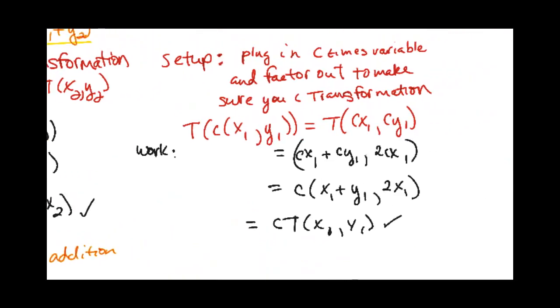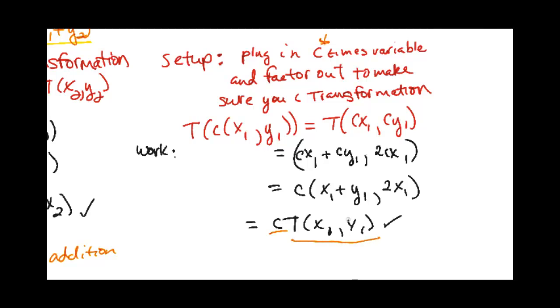And then here we have the scalar multiplication. So let C be some scalar, all scalar values actually. And if we plug in a C times the variable everywhere, can we get it to be C times the individual transformation? So here we have C times a variable plugged in. If you factor out the C, sure enough you get the scalar constant times the actual transformation.